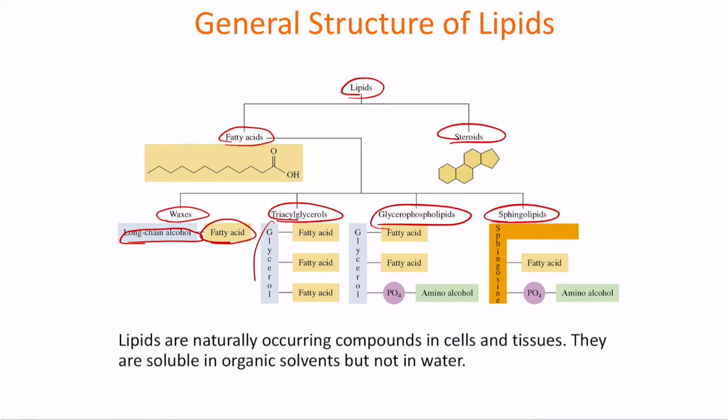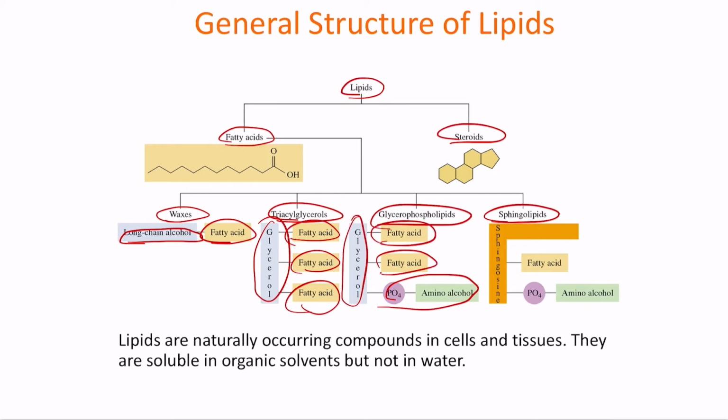In triacylglycerols, you have a glycerol attached to fatty acids. In phospholipids, you have a phosphate and an amino alcohol attached to glycerol and fatty acids. In a sphingolipid, you have a sphingosine as the main branch and a fatty acid on one of the stems and a phosphate group on one of the stems. So the stem is the sphingosine and the branches are the fatty acid and the phosphate group.